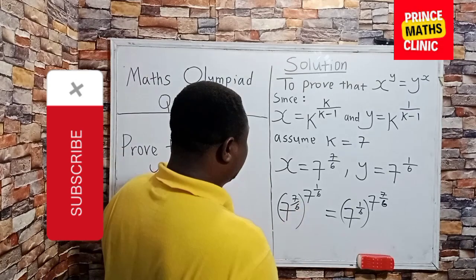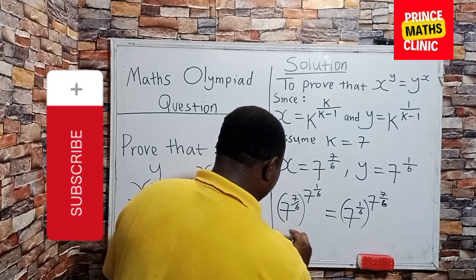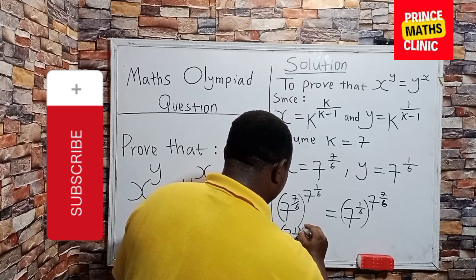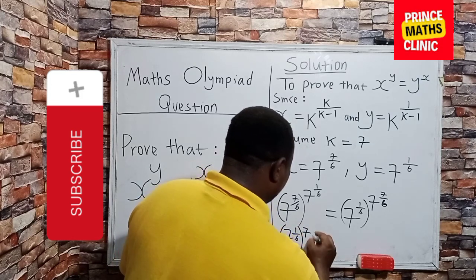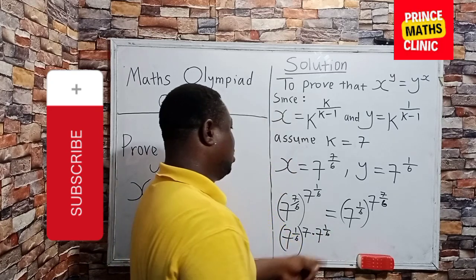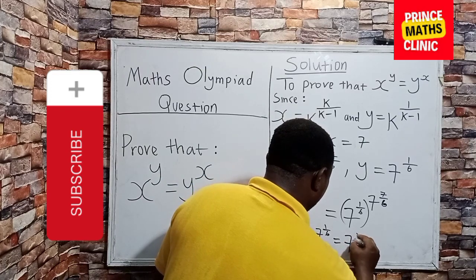But looking at this critically, this can be rewritten as 7 to the power of 1 over 6. Then I'll pick this 7 out, then multiply by 7 to the power of 1 over 6, equal to 7 to the power of 1 over 6.